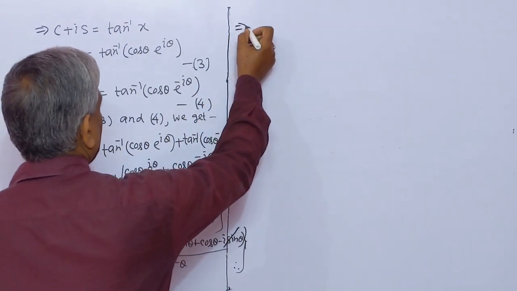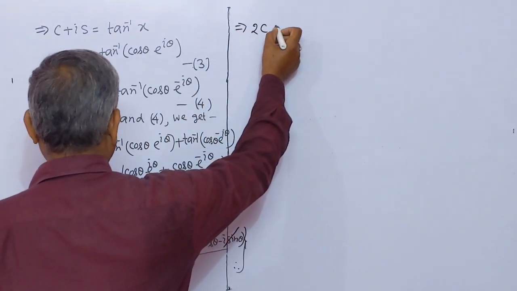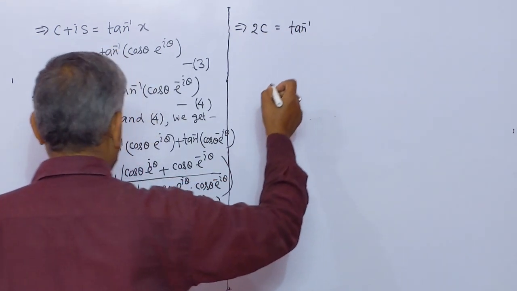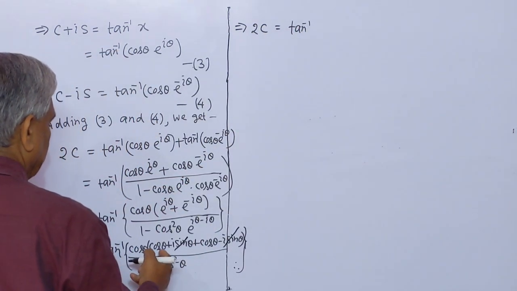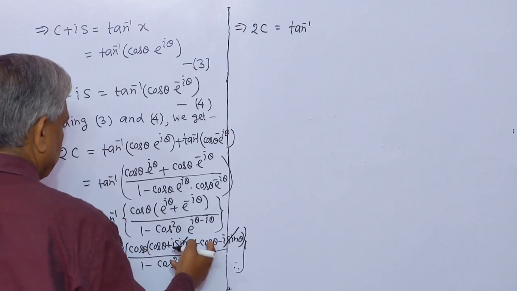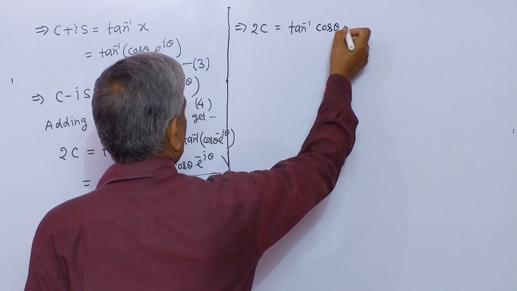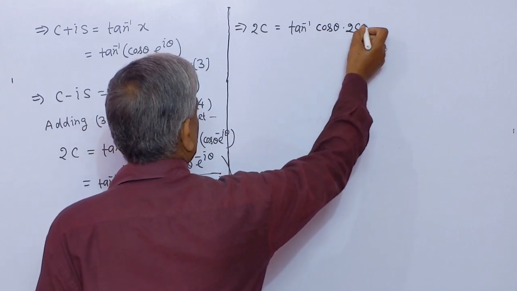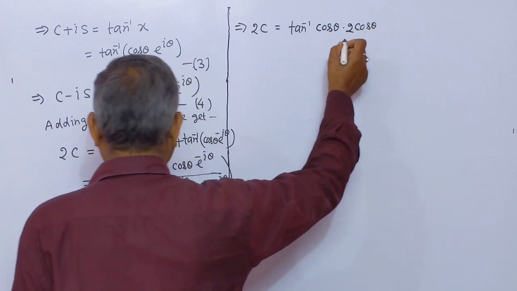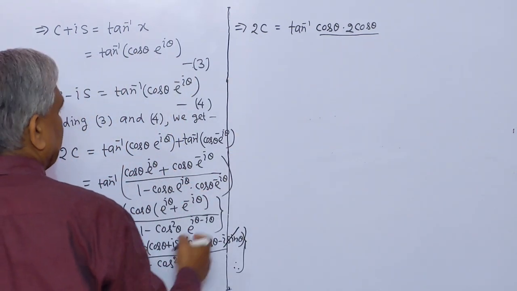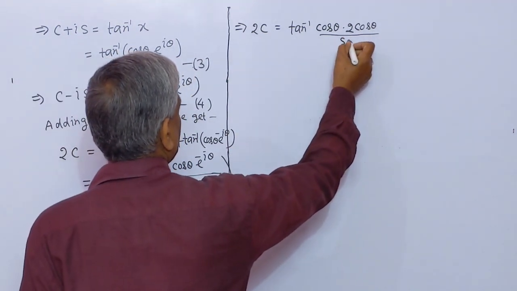Here plus i sin theta minus i sin theta cancel, which implies that 2C equal to tan inverse, here cos theta plus cos theta, 2 cos theta, cos theta multiply 2 cos theta, by 1 minus cos square theta, which is sin square theta.